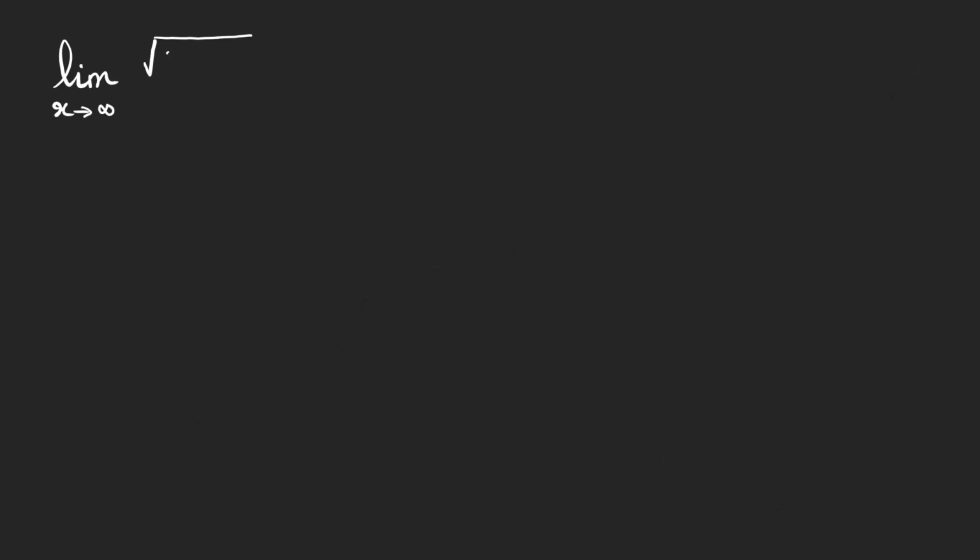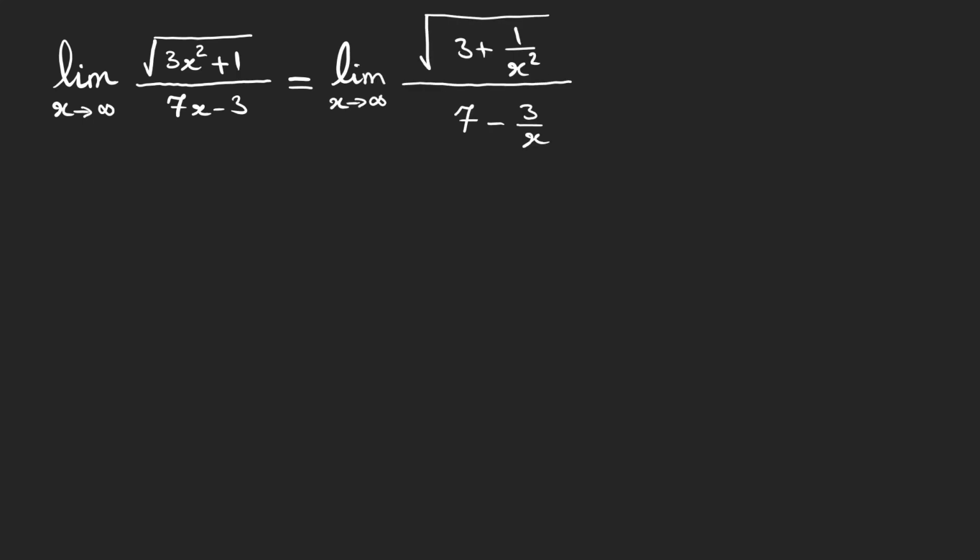Now, what about this function? The numerator is a degree 2 polynomial under a radical, and the denominator is a degree 1 polynomial. What do you expect the limit to be? If we divide the numerator and denominator by x, the numerator becomes the square root of 3 plus 1 over x squared, and the denominator becomes 7 minus 3 divided by x.